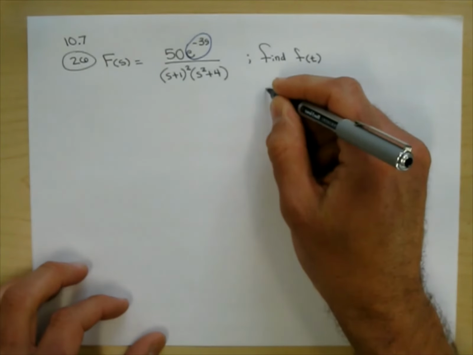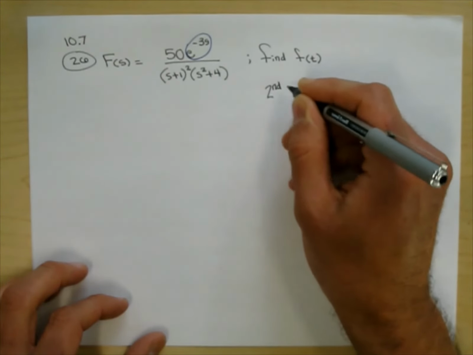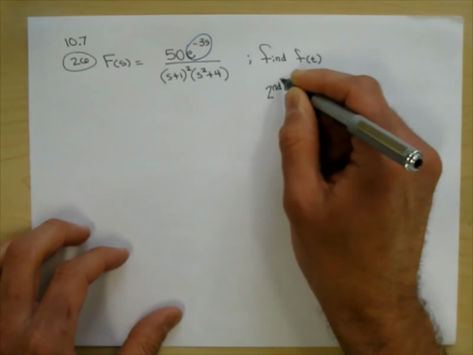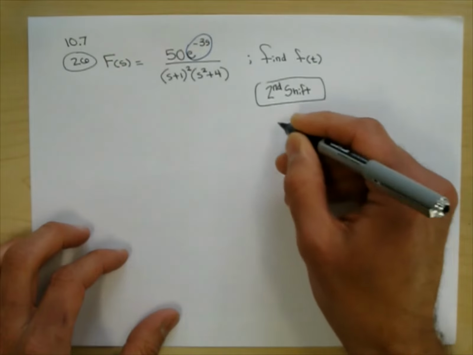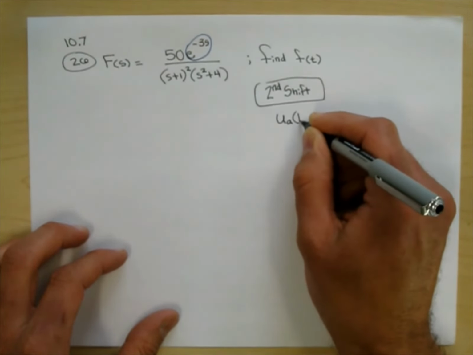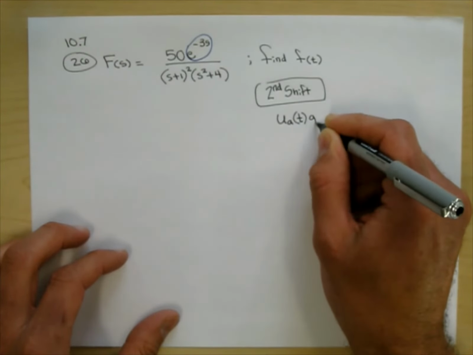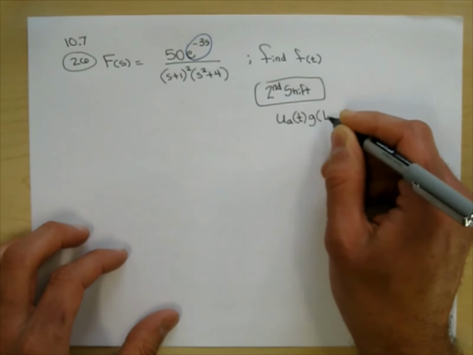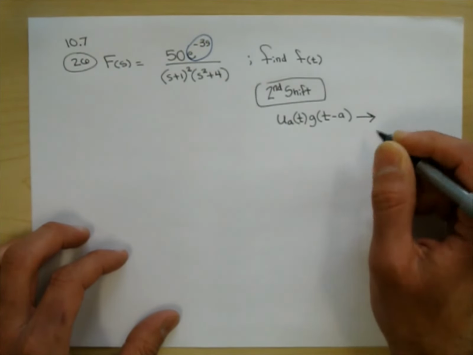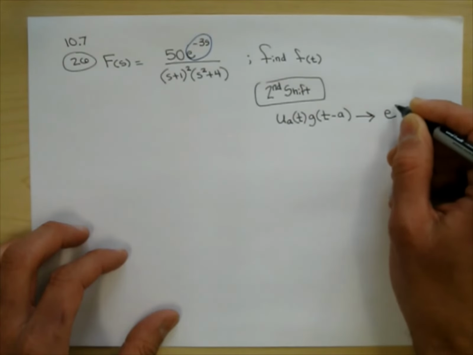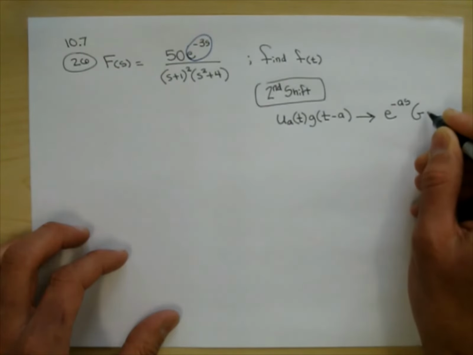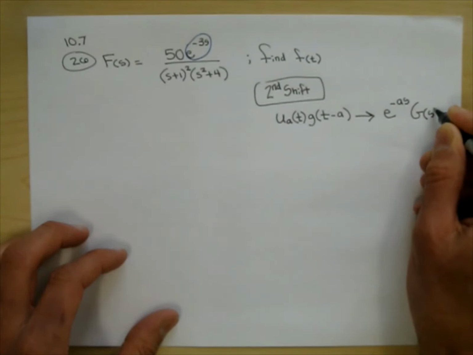So let me go ahead and write out the second shifting theorem. So here's second shift, which looks like this. U sub a of t, g of t minus a, that gets transformed to e to the negative as capital G of s.